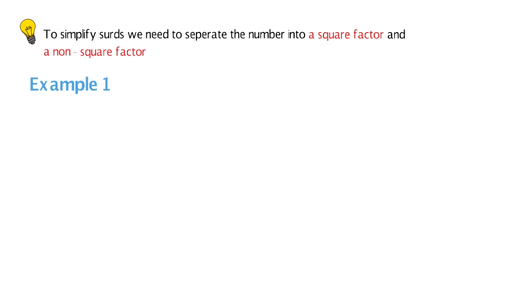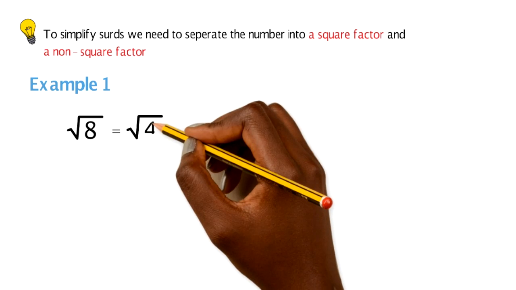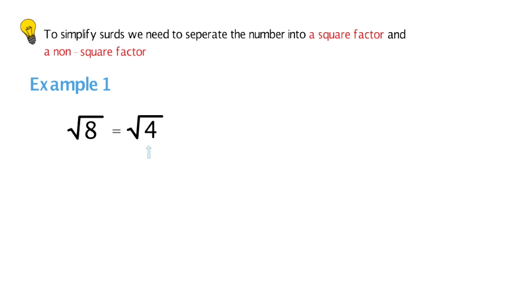If we have a look at example 1, the square root of 8, there are two numbers that we can think of as factors of 8. One that's a squared factor of 8 is 4, because we know 4 is a squared number.